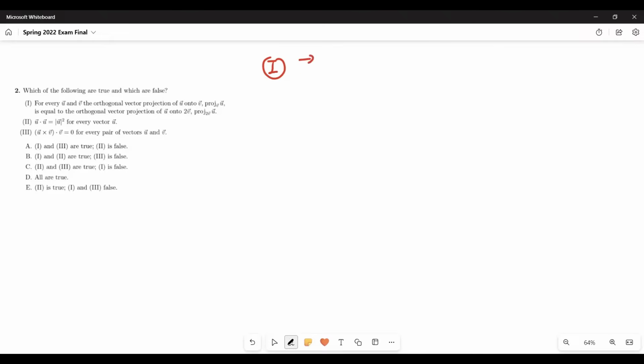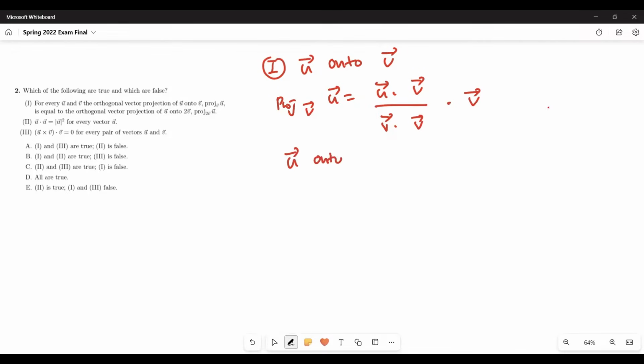So the projection of u onto v is (u·v)/(v·v) times v. And let's look at the second one, u onto 2v. That's going to be (u·2v)/(2v·2v) times 2v.